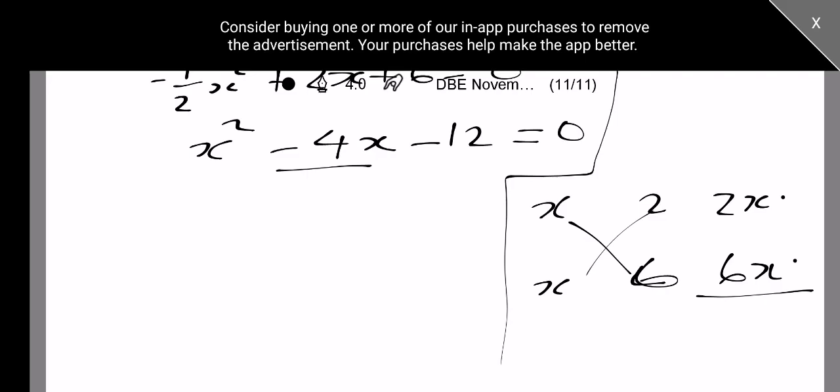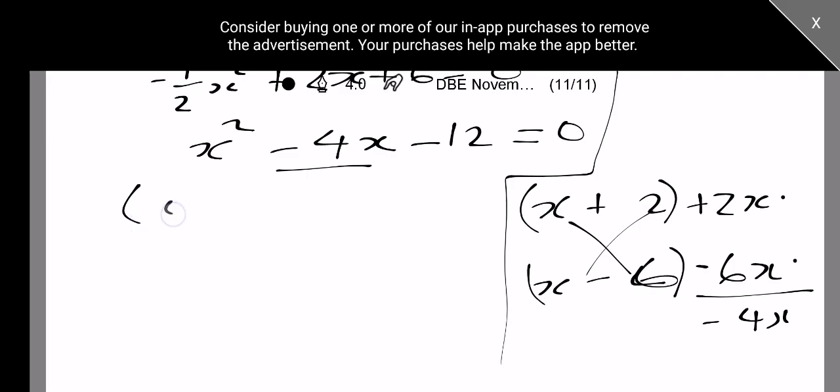So by inspection, the 6 has to carry a negative and this one has to carry a positive in order for the answer to give us negative 4x. So this is going to be negative, this is going to be positive. Here are our two factors.